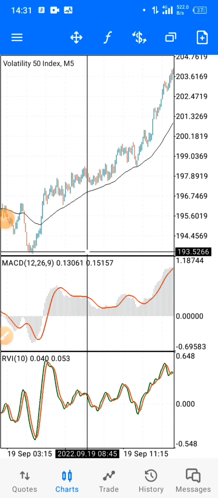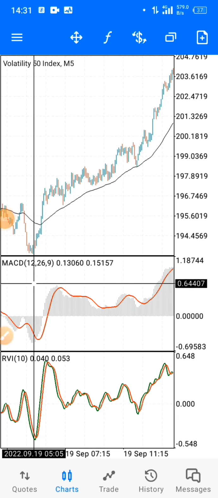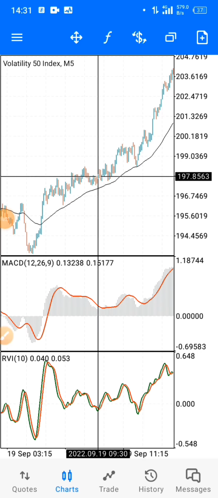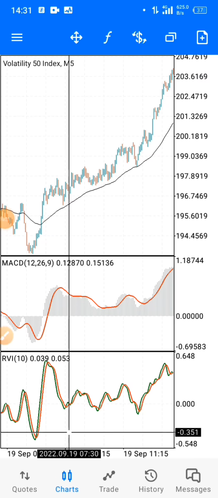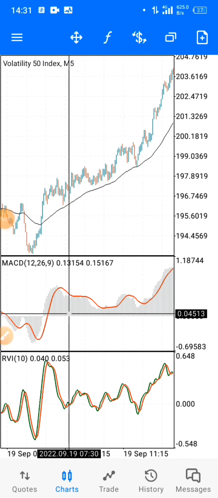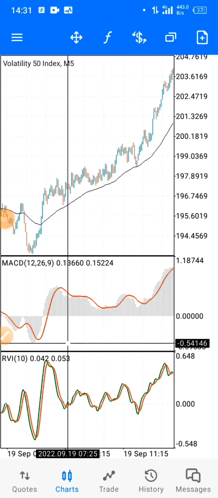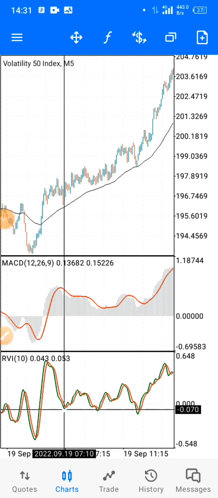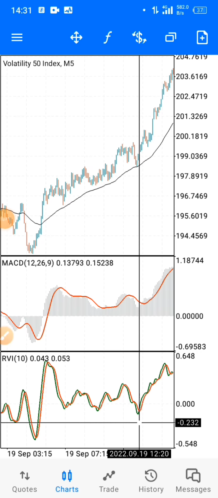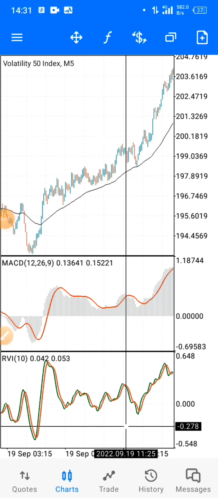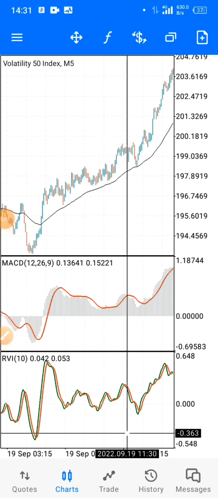Here the candlesticks are above the black moving average, the MACD histogram is above the 0 level, and the crosses here, here, here are all below the 0 level. So you had valid entries everywhere around there.